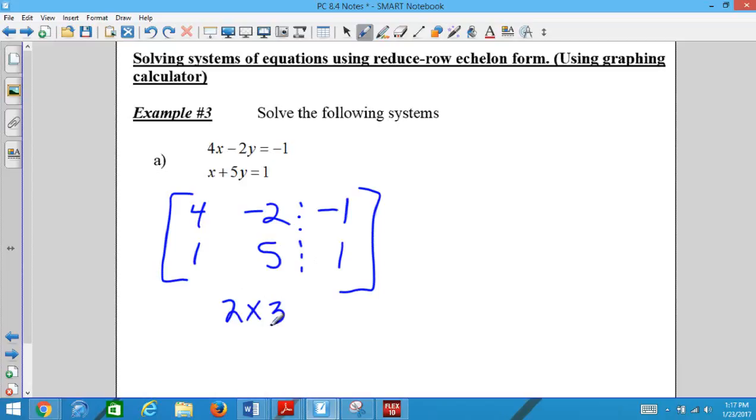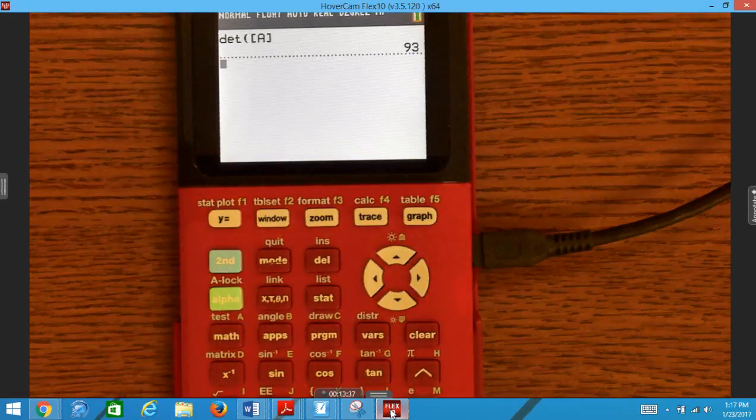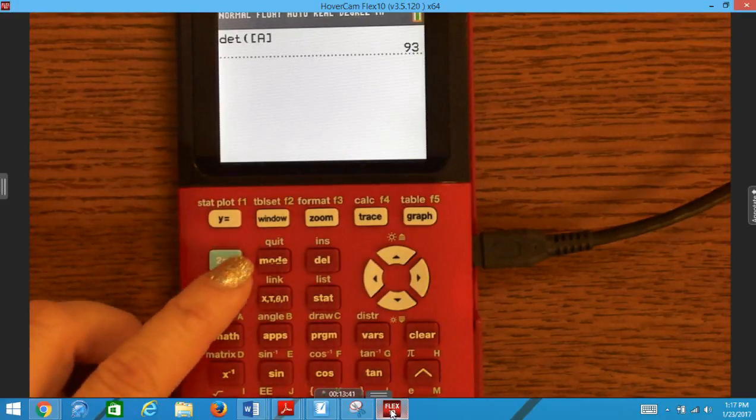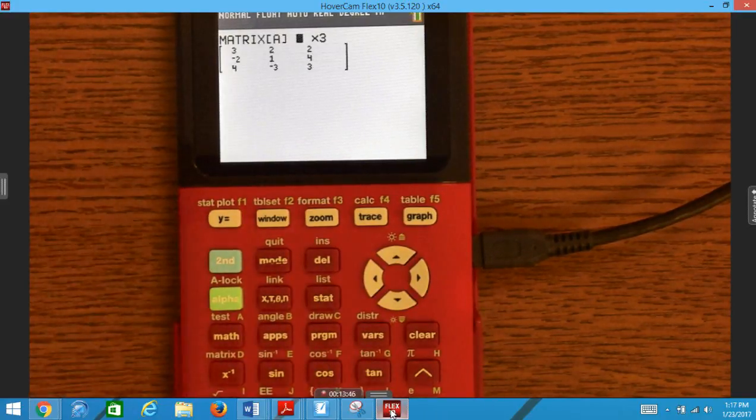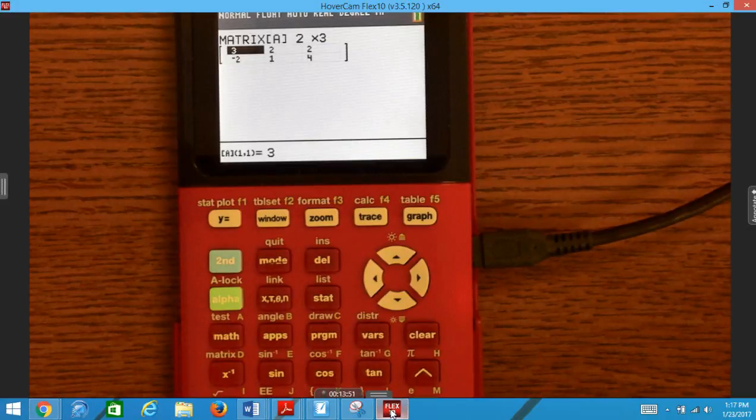So let's go to our calculator. Let's go to matrix and input your 2 by 3. So I'm going to input the 2 by 3.